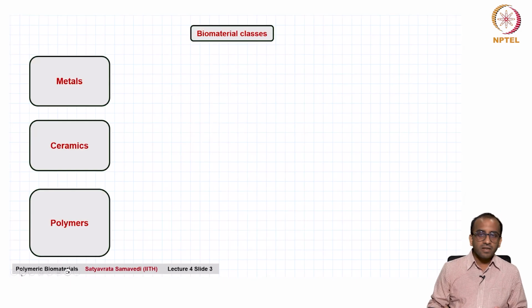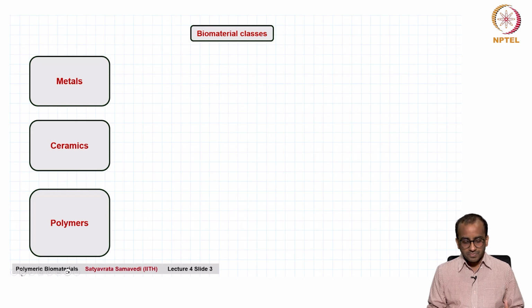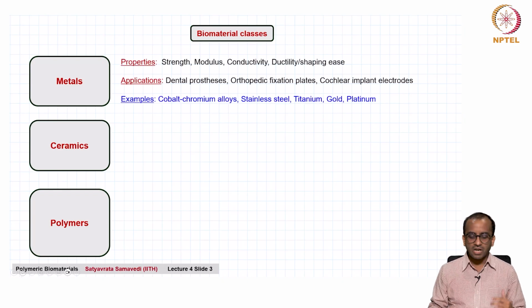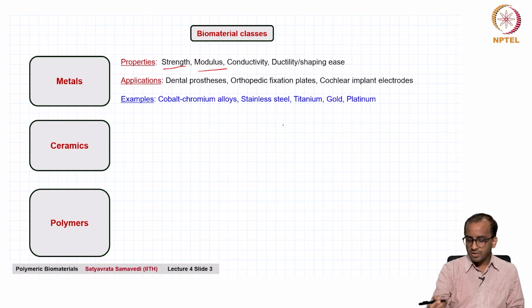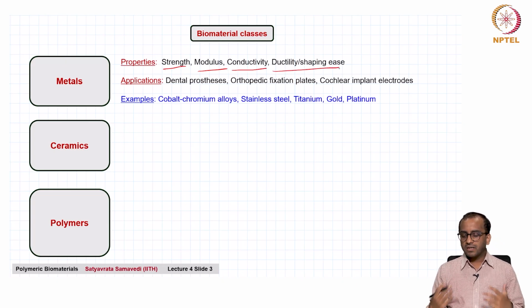So we'll begin first with biomaterial classes, and broadly we have divided them into metals, ceramics and polymers. We will briefly look at their properties and how those properties in turn directly impact the applications in which they are deployed. So we'll start with metals first. Metals, as you will be familiar with, are associated with strength, high modulus, properties like conductivity and ductility, and shaping ease.